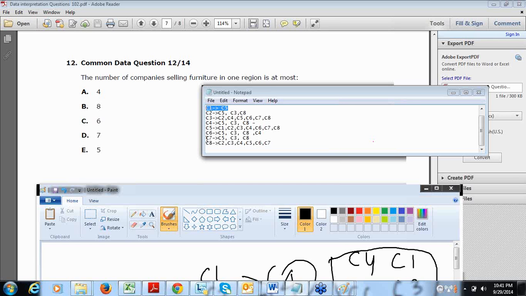The region which could possibly have C3, C4, C5, C6 and C8 will be the region with the maximum companies selling furniture.